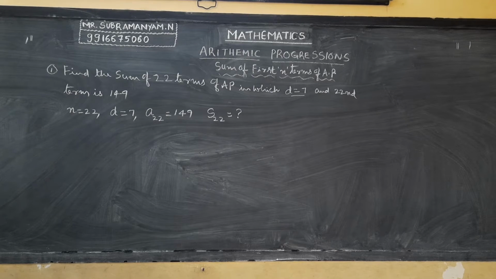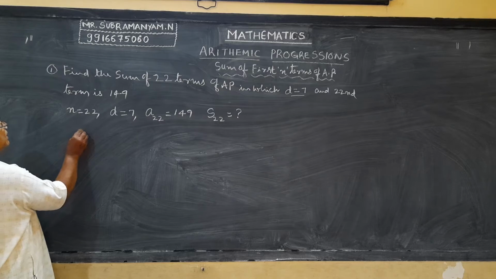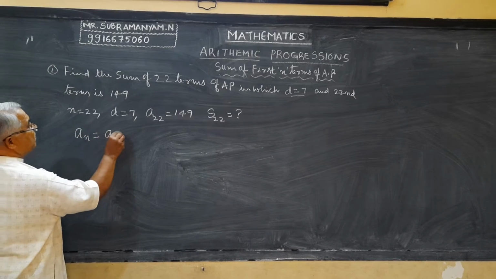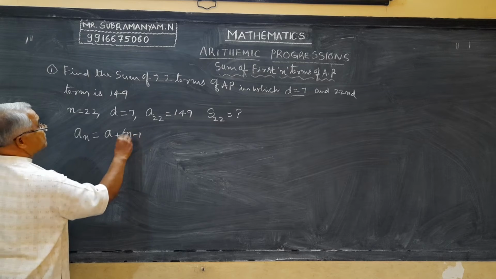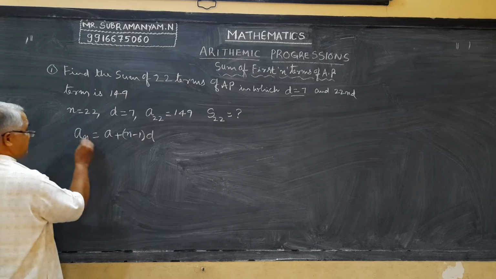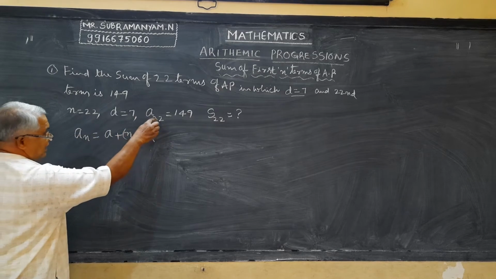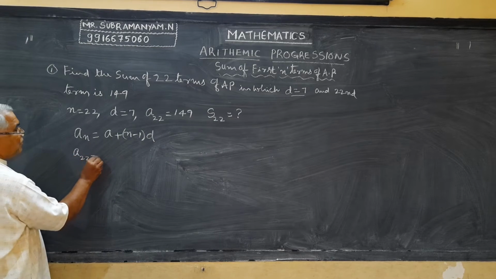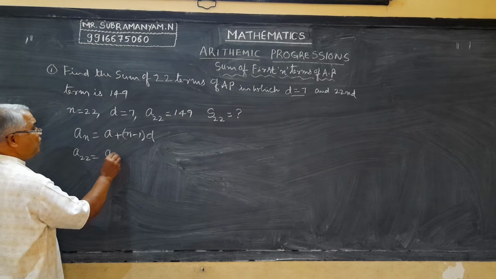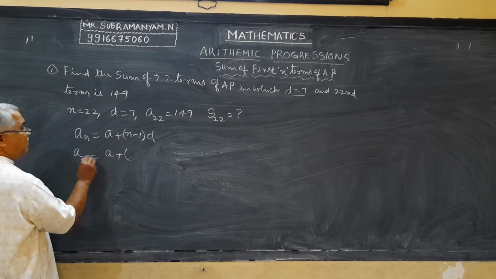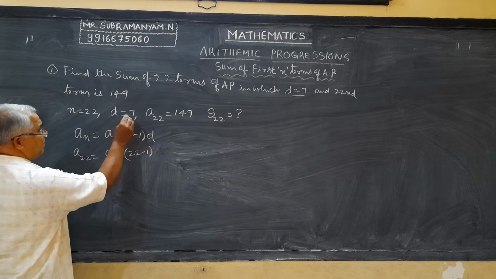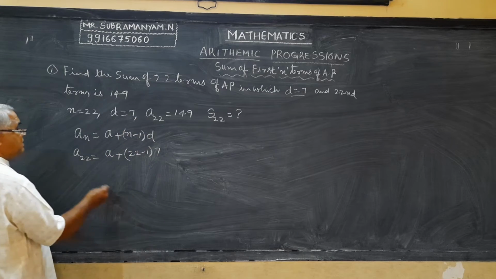So let us use the formula an equal to a plus n minus 1 into d. An, that means a22 equal to a, the value we have to find, plus n value 22 minus 1 multiplied by d value 7.